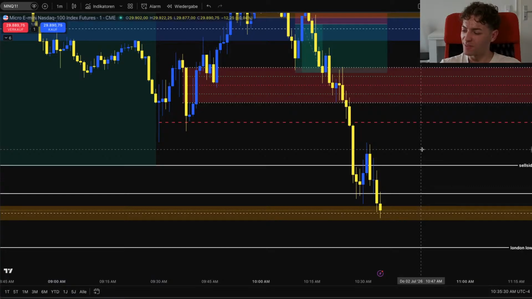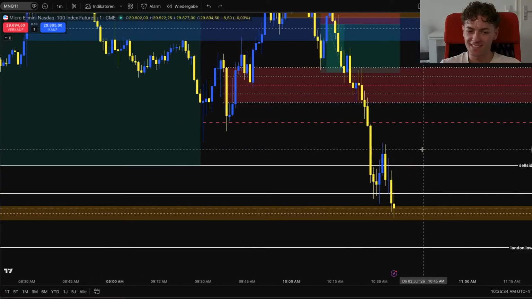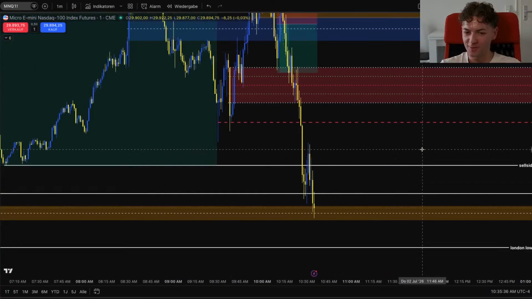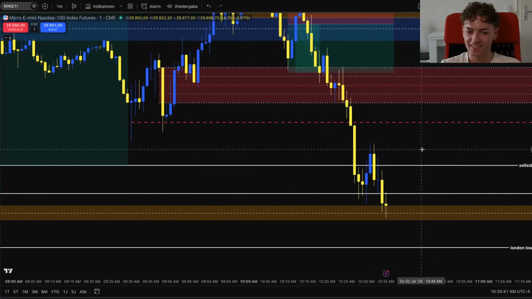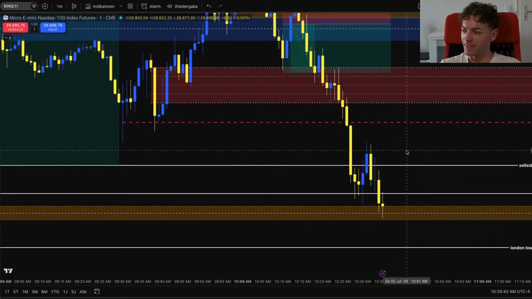Bro, it's a secret ICT PD array. I mean, let's just see how price is going to use this level, and in the end, I will tell you, okay? But what price? The high is 29,897. The low is 874.